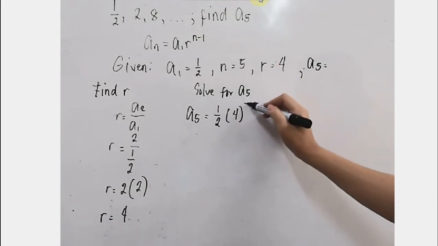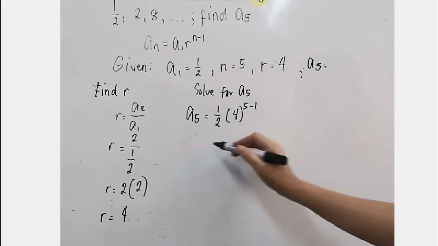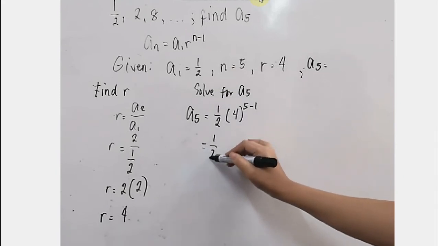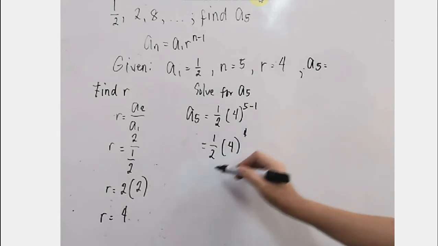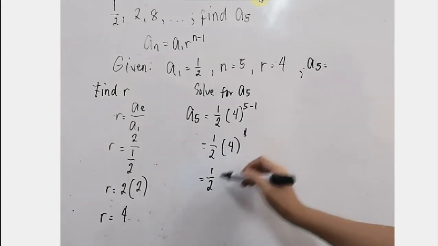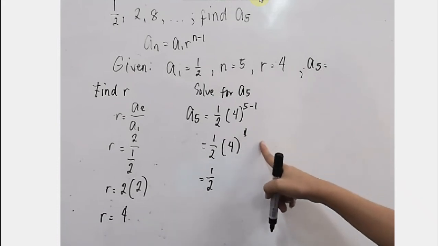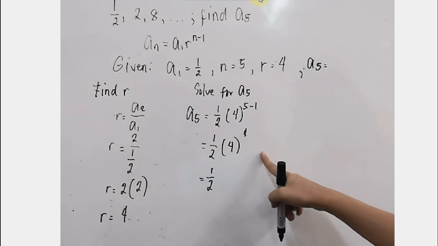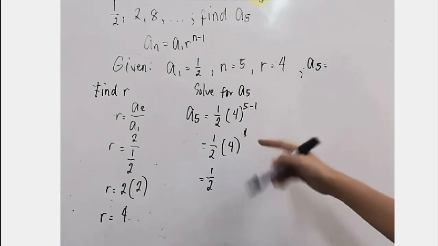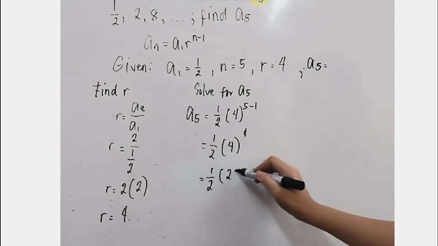So, n is 5 minus 1. So, we have 1/2 times 4. 5 minus 1 is 4. Okay? So, 1/2 times 4 raised to the power of 4, or multiply 4 times. So, we got, okay, 256.